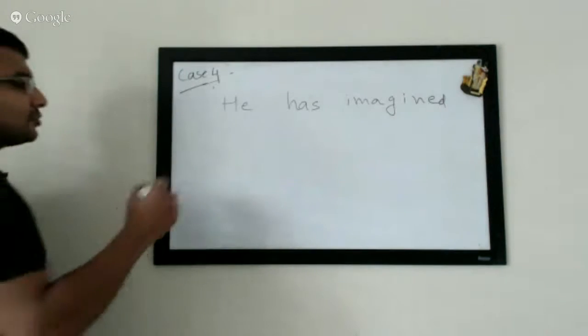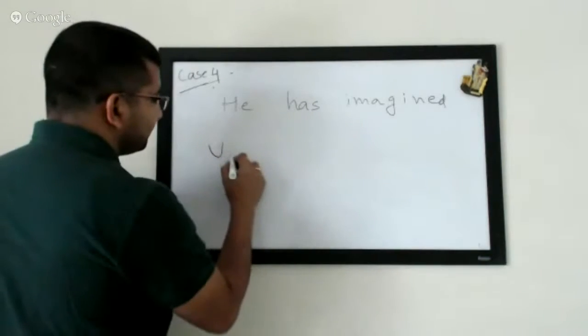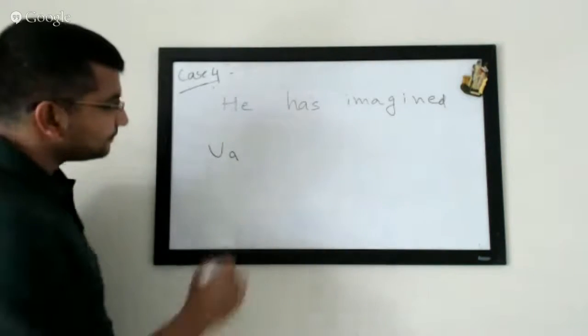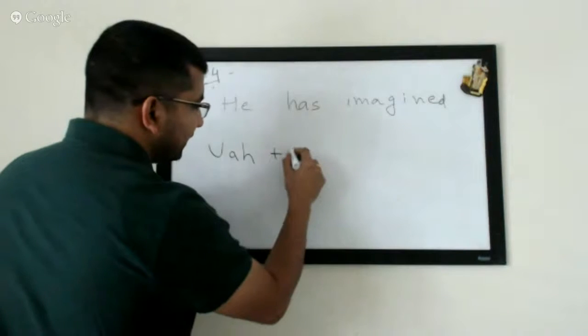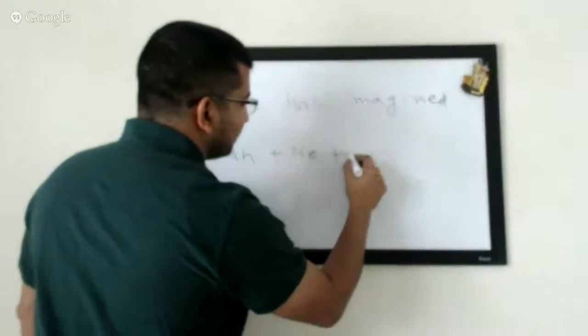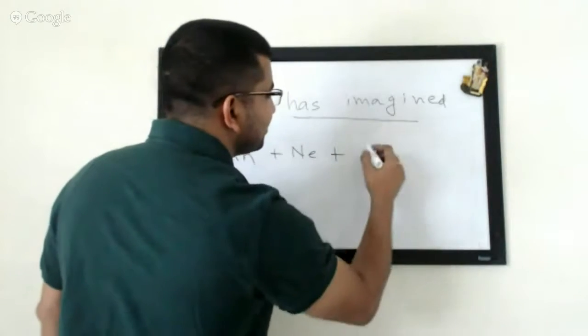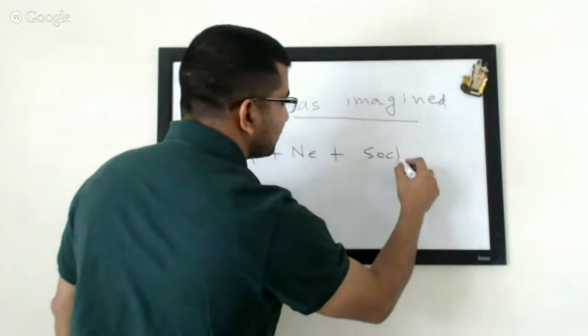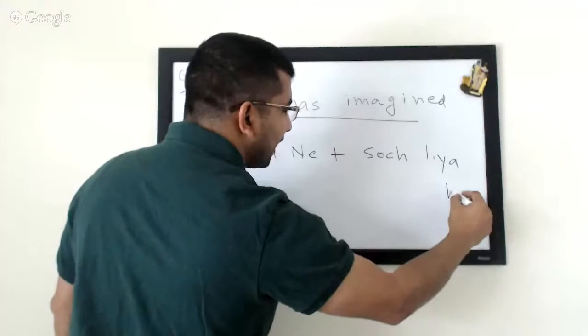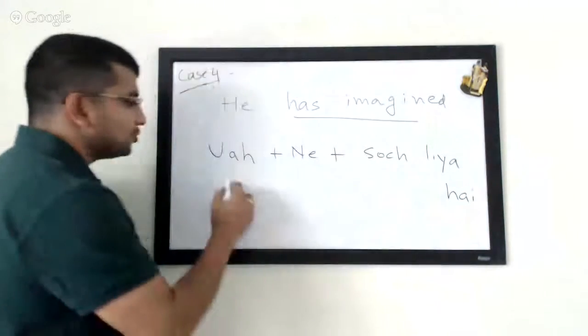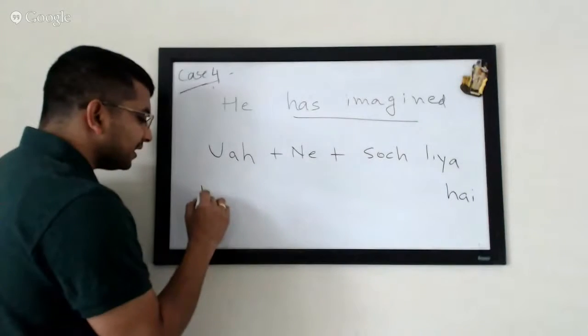Okay, very good. So it's वह, which is he or she, plus ने, plus here has imagined it, सोच लिया, and then towards the end you'll put है, right? So वह plus ने is उसने.